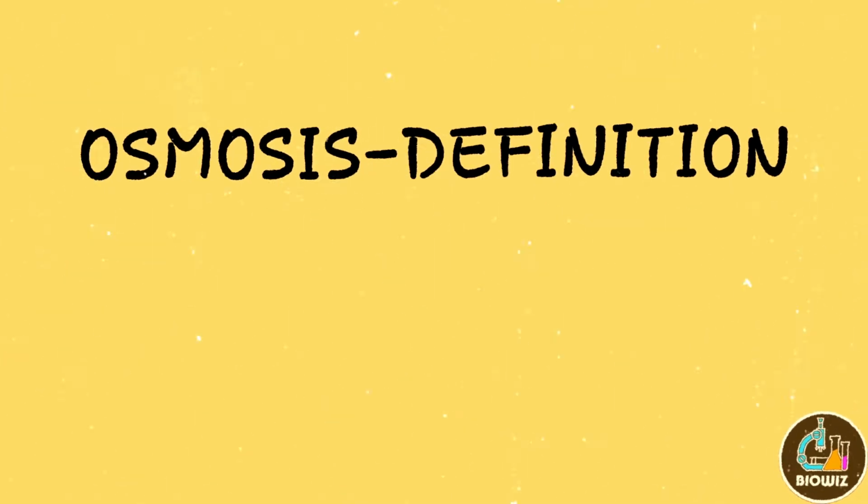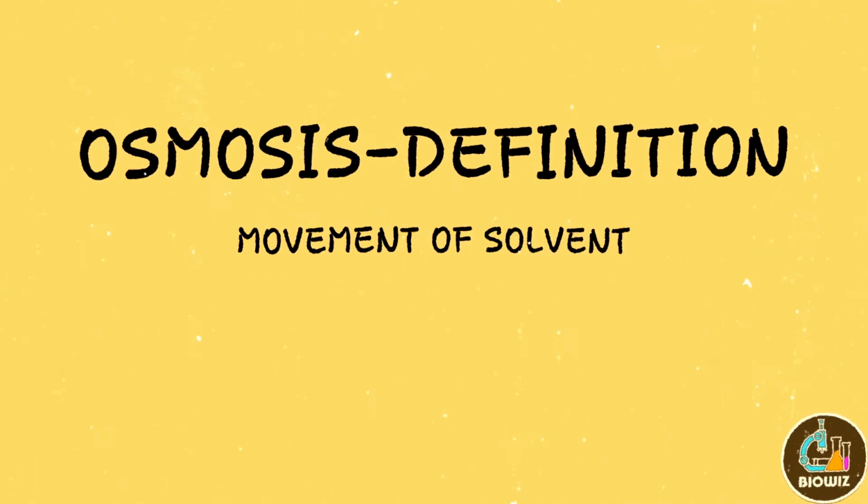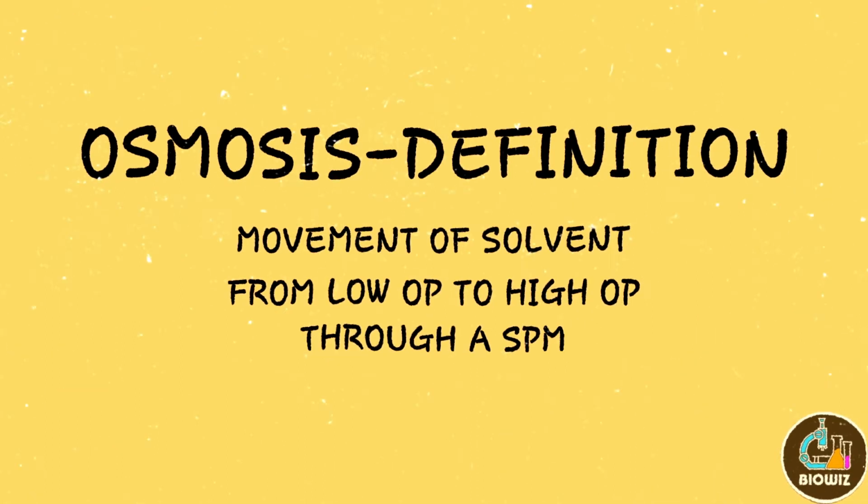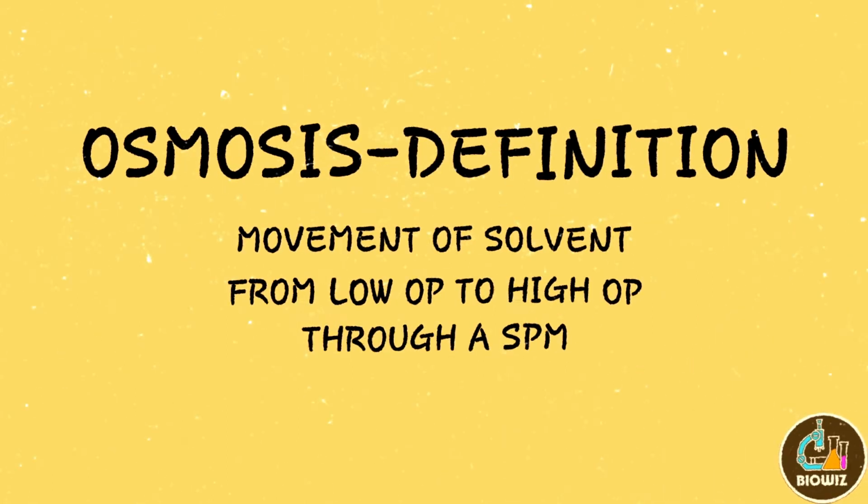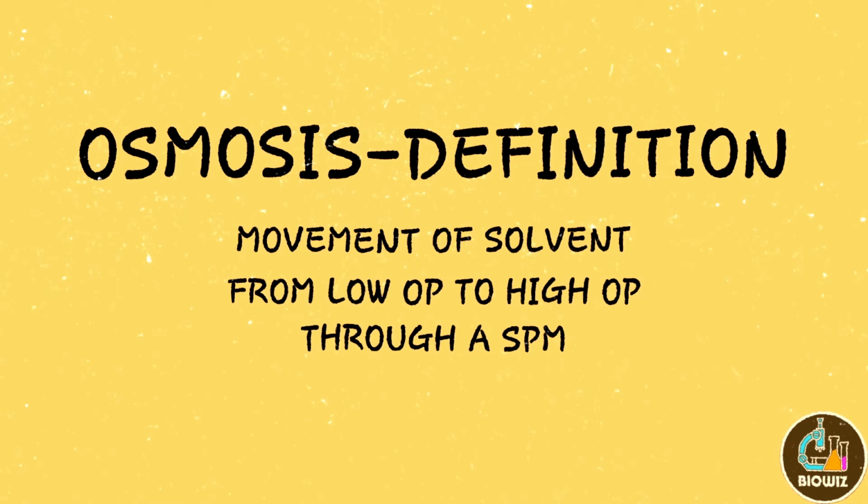So now we can define osmosis in terms of osmotic pressure. Osmosis is the flow of solvent from region of low osmotic pressure to high osmotic pressure through a semi-permeable membrane.